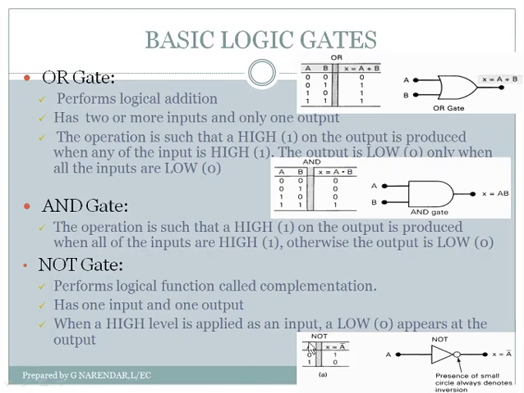Since it is a binary variable, it can assume only two values, 0 and 1. So for each case the truth table gives the output.